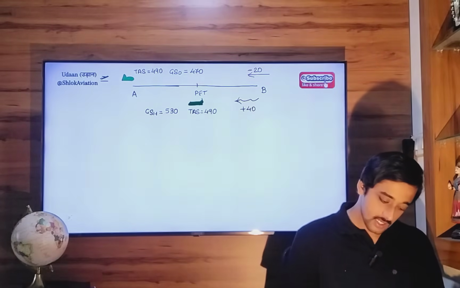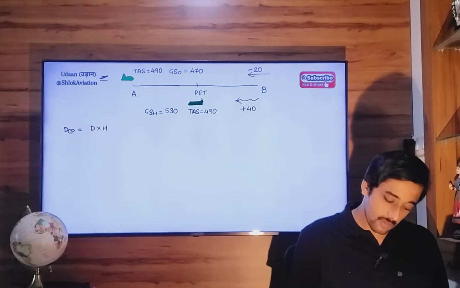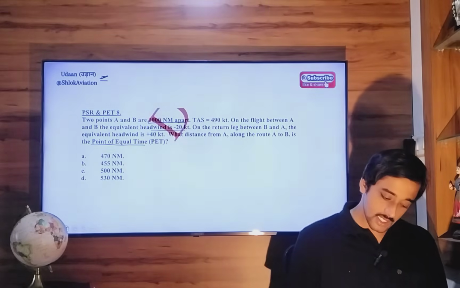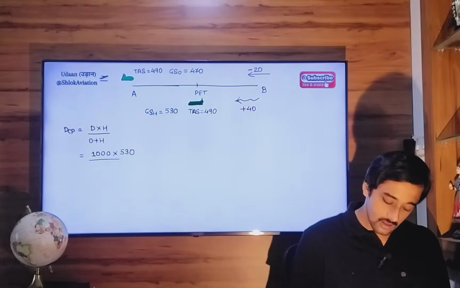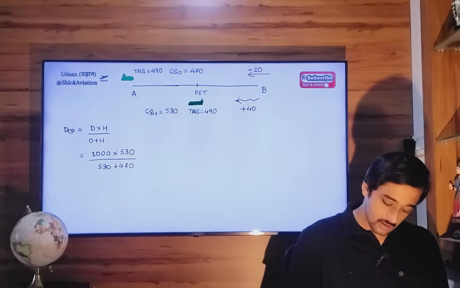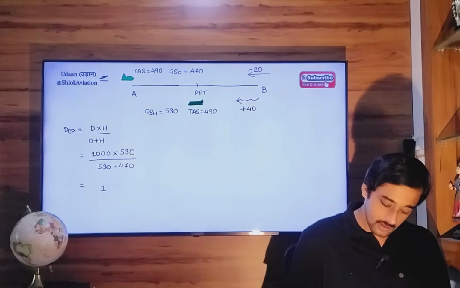Now let's use the distance to critical point formula. Total distance between point A and B multiplied by homebound speed divided by outbound plus homebound. So total distance is 1000. Homebound speed is 530, divided by 530 plus 470. 530 plus 470 is 1000.